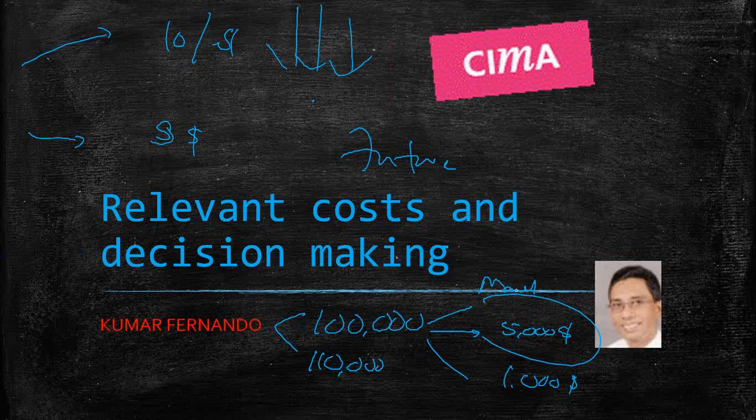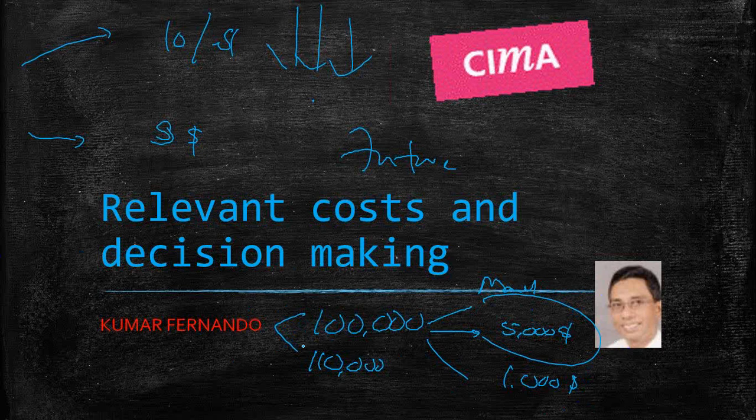But you tell him, if you sell an extra 10,000, you will be given an additional $1,000 commission. So now my question is, if you increase your sales from 100,000 to 110,000, what is the relevant cost?